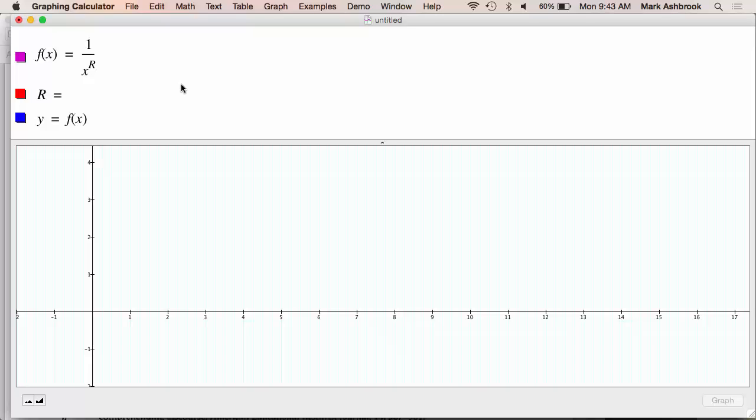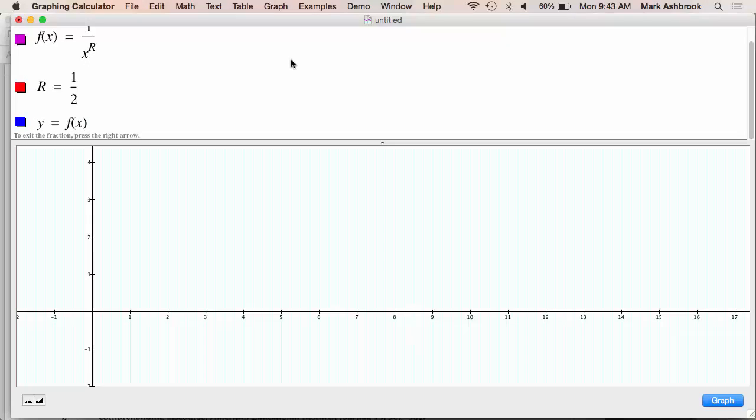For instance, 1 over the square root of x. What would r be for the square root of x? 1/2. Can you sketch 1 over square root of x without technology? What does it look like?